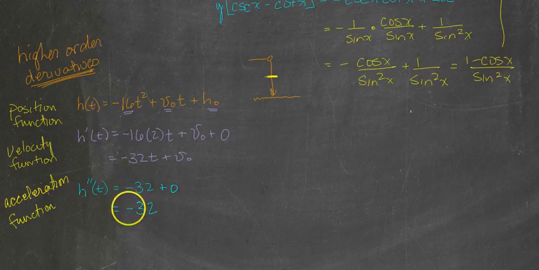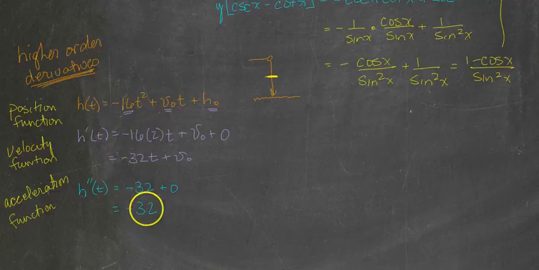And this tells you how much an object is speeding up at any given time. So if I were to wait 2 seconds and see what's the change in velocity or the acceleration, like putting your foot on the gas pedal, negative 32 is my answer.